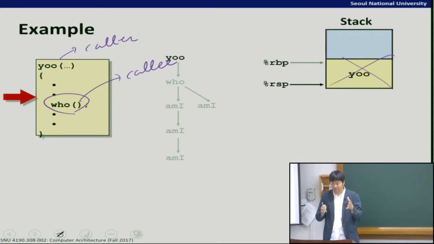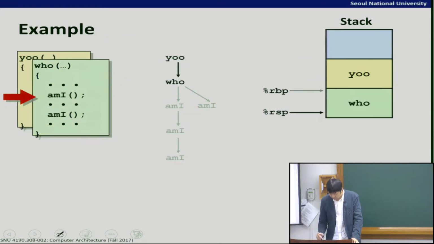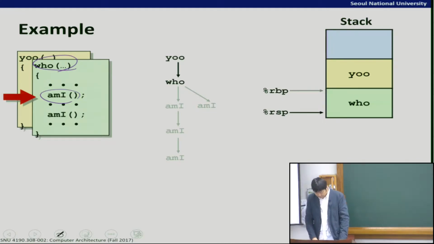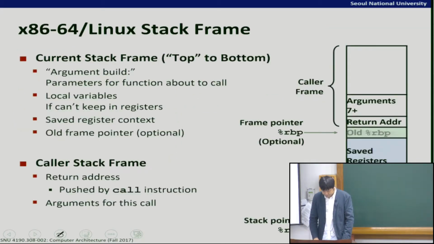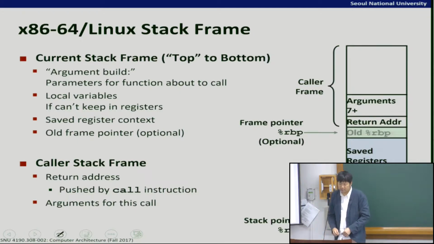For these two functions, this is the caller and this is the callee, but in this instance, this is the caller and this is the callee. So their roles change depending on the context, depending on where you are in the program.